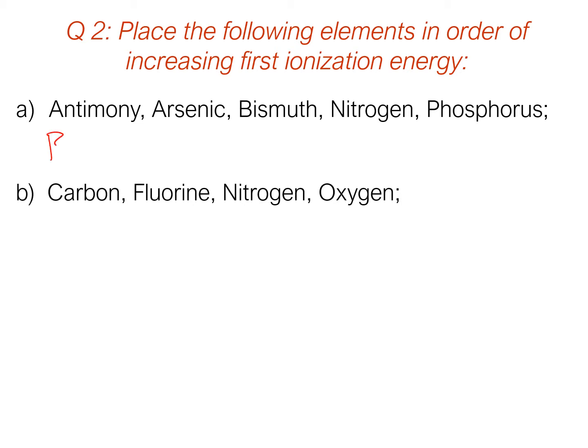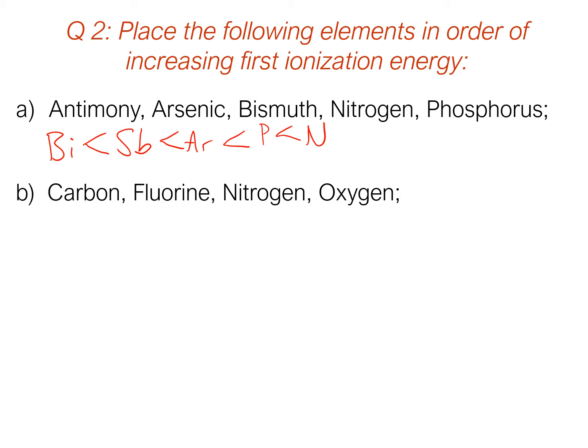So it's bismuth first, followed by antimony, then arsenic, then phosphorus, and then nitrogen. Very simple, follows the trend, increases from the bottom to the top. Now part B is a bit trickier.